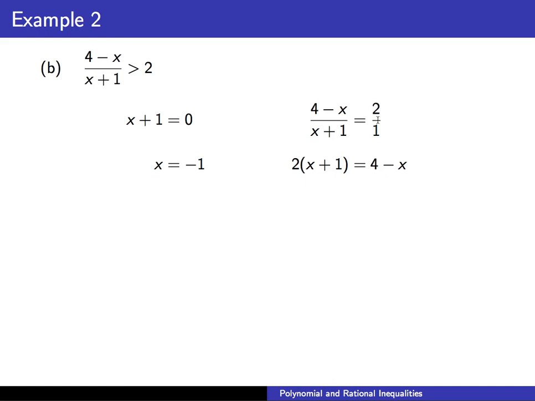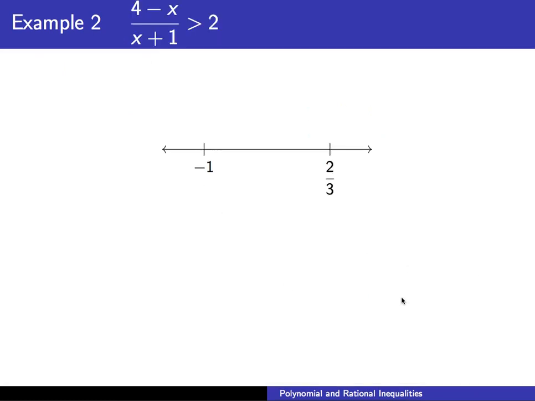When we distribute that 2, we get 2x plus 2 equals 4 minus x. And then if we add x to both sides and subtract the 2 from both sides, we'll get 3x equals 2, which makes x equal to 2/3. So our number line values are going to be negative 1 and positive 2/3.